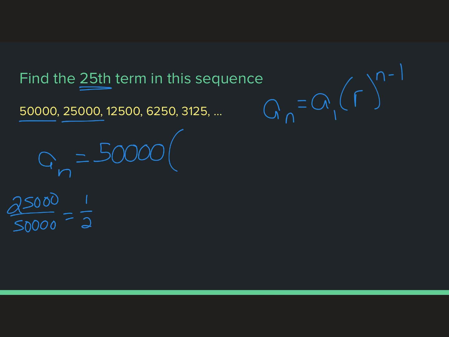So this would be times 1/2 or 0.5 to the n minus 1. In this case, our exponent, n minus 1, we're looking for the 25th term, so we're putting 24 there. So I'm going to put in my calculator 50,000. Make sure you have all 4 zeros, times 0.5 to the 24th power.